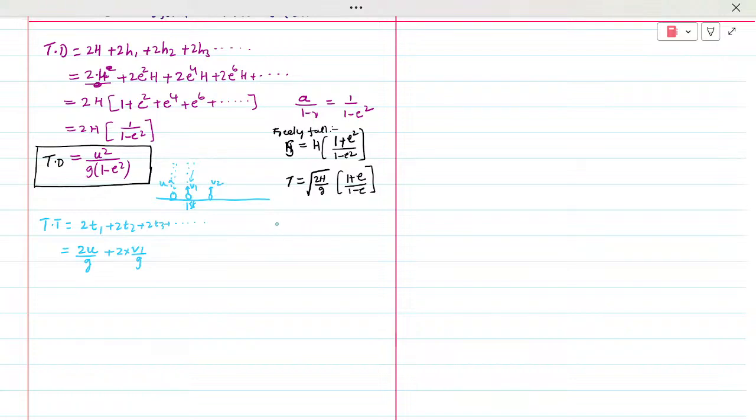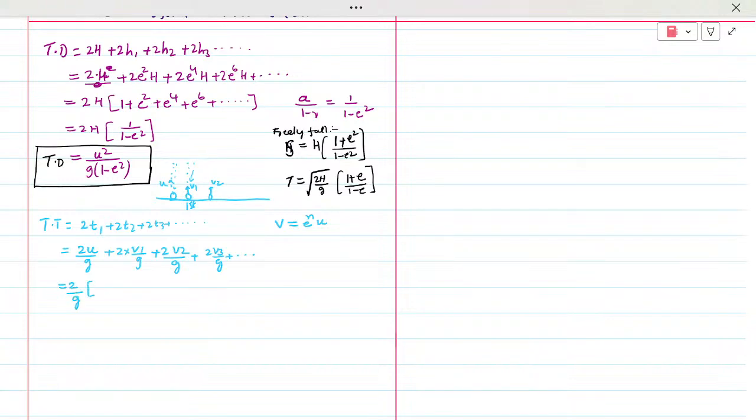Therefore we know clearly the velocity after n rebounds is v equal to e power n into u, the initial velocity. So that is plus 2 into v2 by g plus 2 into v3 by g plus and so on.